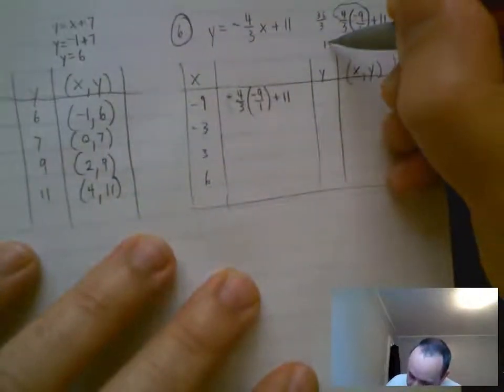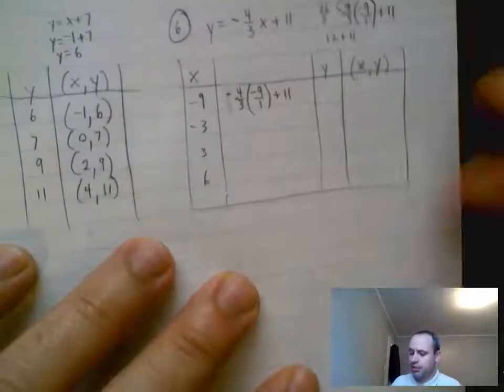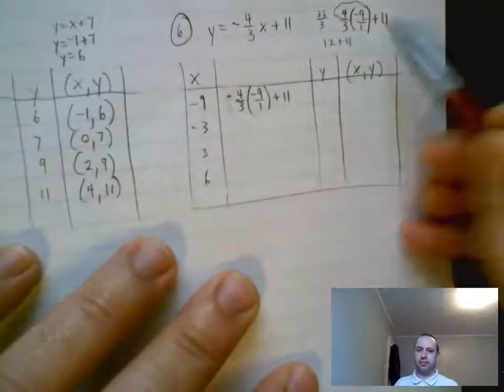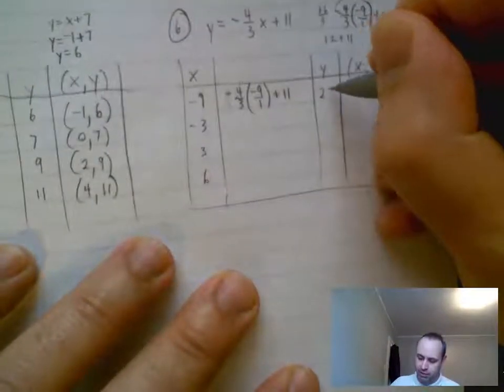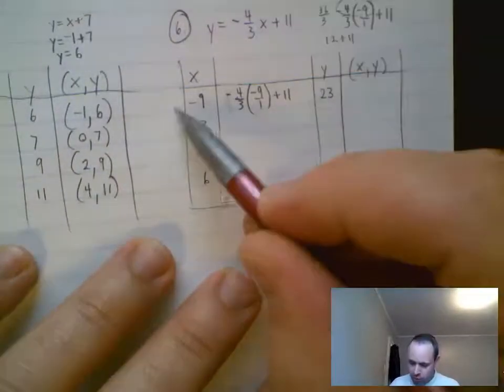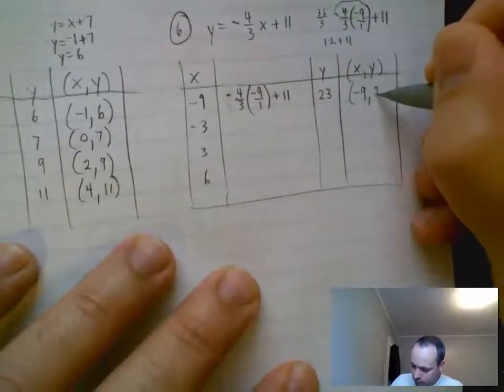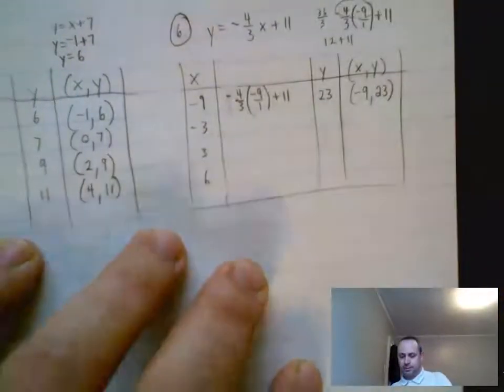So really what I got is 12 plus this 11. We can't forget that 11. So 12 plus 11 is obviously 23. Okay, so y is going to be 23. So in this one, we have our x is -9 and our y is 23.